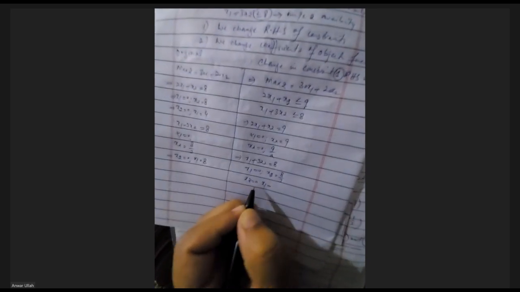Now, if x2 is equal to 0, x1 is equal to 8. We will plot this situation and this situation on the same graph, and we will see how much the objective value of this function increases with a single unit increase in the number of hours of machine 1.